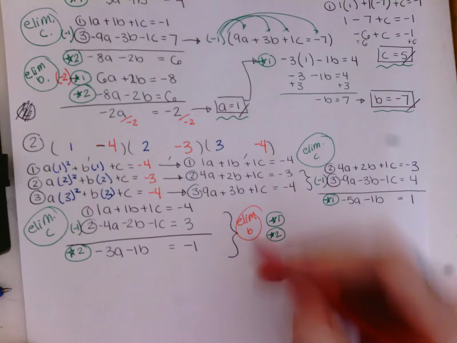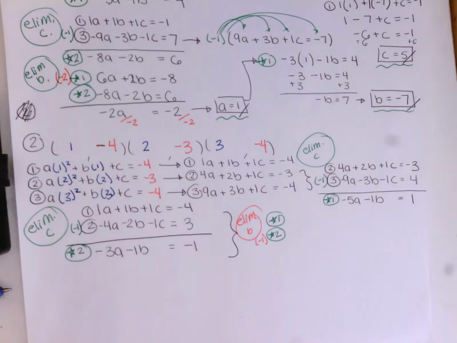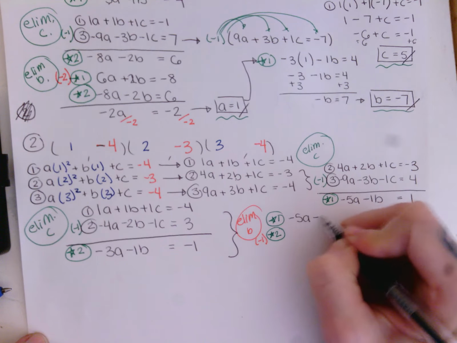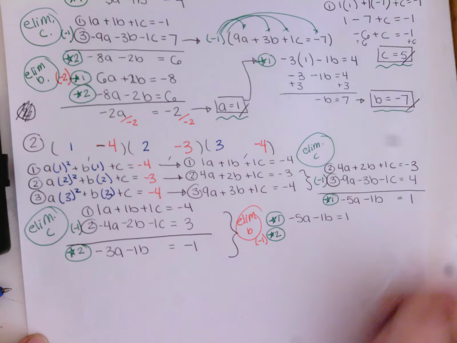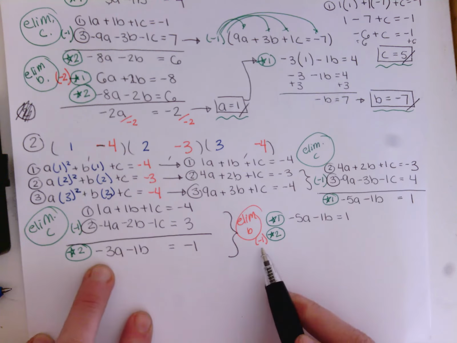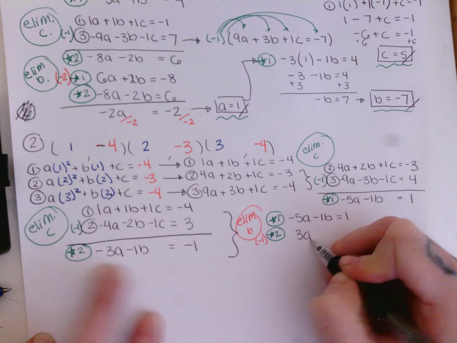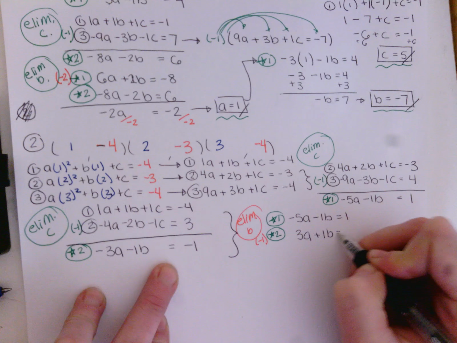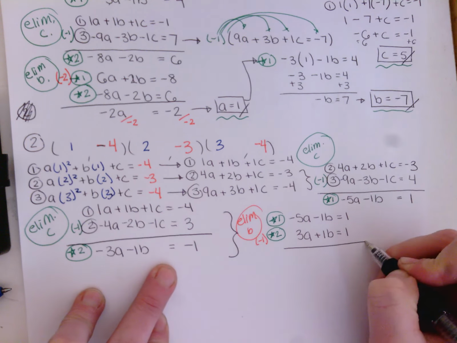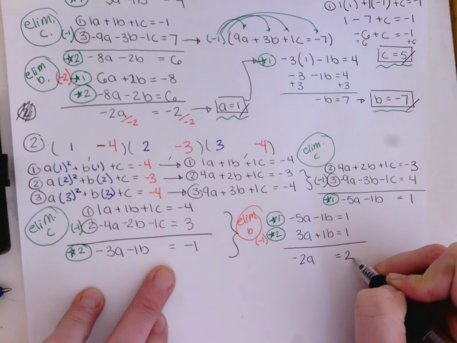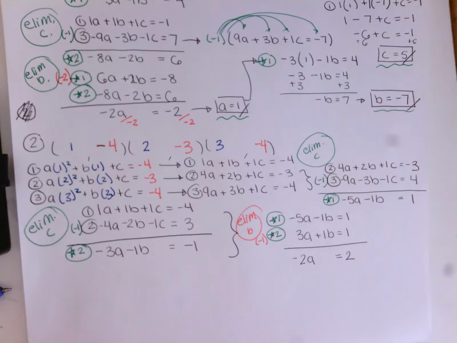All I need to do is multiply one of these by -1. So I'm going to keep the first star equation exactly the same. And I'm going to multiply everything in the second star equation by a -1. So I have a +3a, a +1b, a +1. Here I'll have a -2a. My b's cancel. Now I'm going to solve for a.